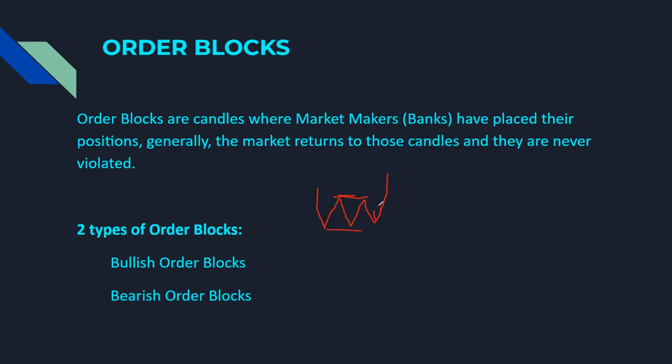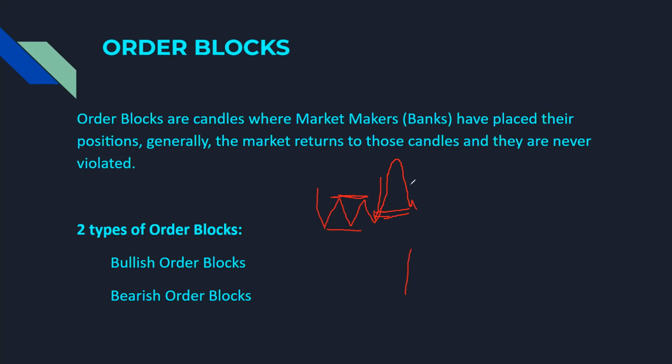A bullish order block is the last bearish candle before a bullish movement that breaks outside or above the market structure. So if the market makes a retracement like this, what will prevent the market from continuing to push down is a candle, specifically an order block. And that is where mostly the market bounces, and that is where we do our entries.